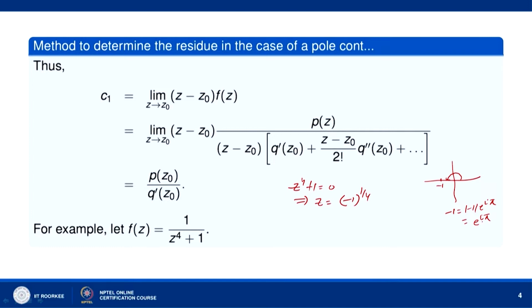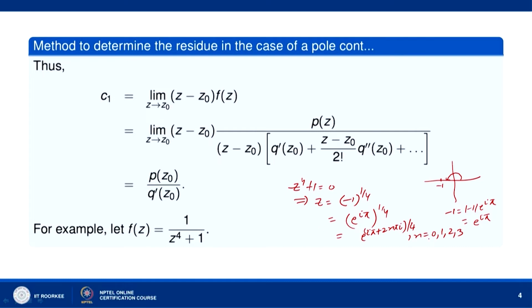So minus 1 is e to the power i pi, and this is equal to (e to the power i pi) raised to the power 1 by 4. Now we can write its general value e to the power i(pi plus 2 n pi) divided by 4, where n takes values by de Moivre's theorem.